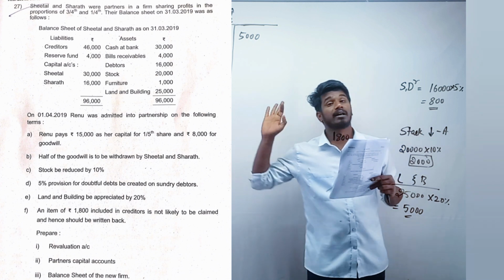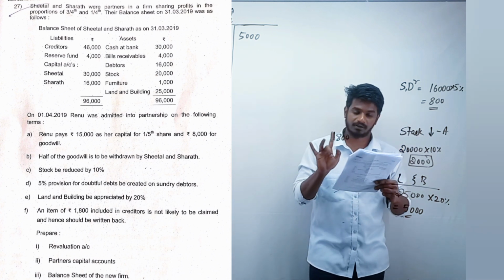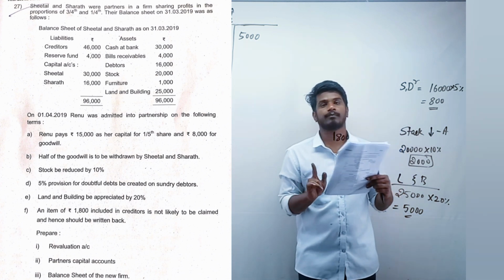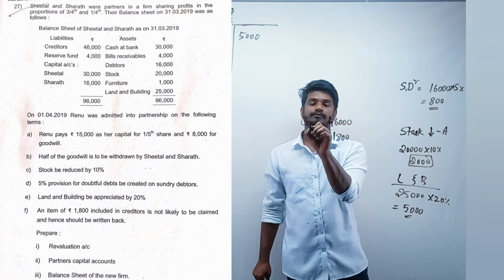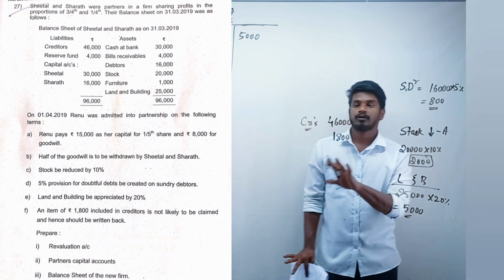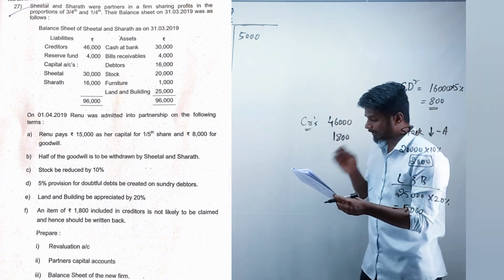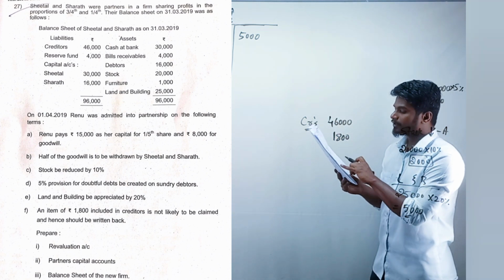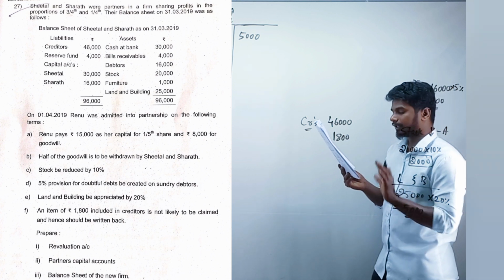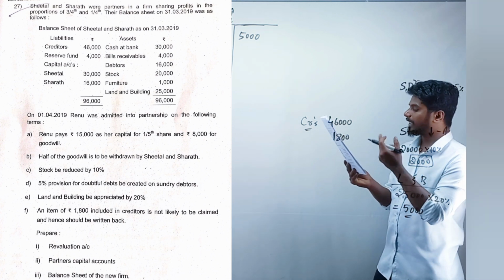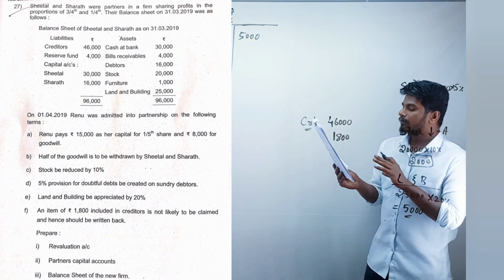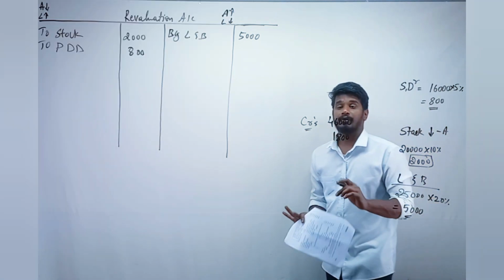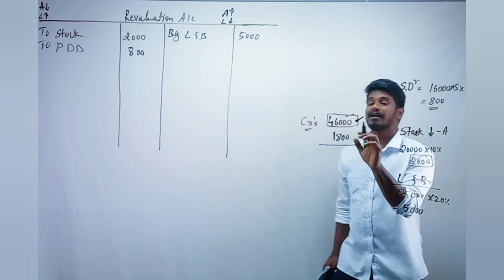You can see it on the liability side, which is 46,000. Since it is not likely to be claimed, we will reduce that.